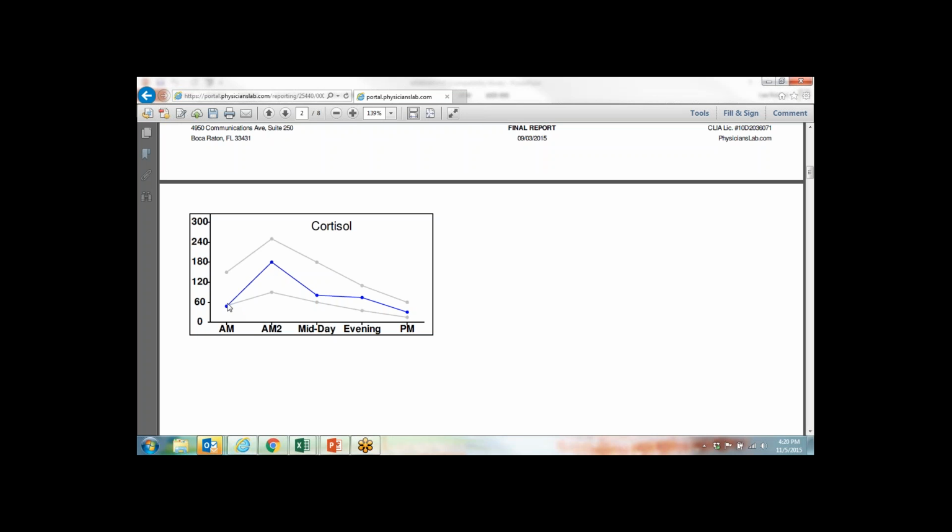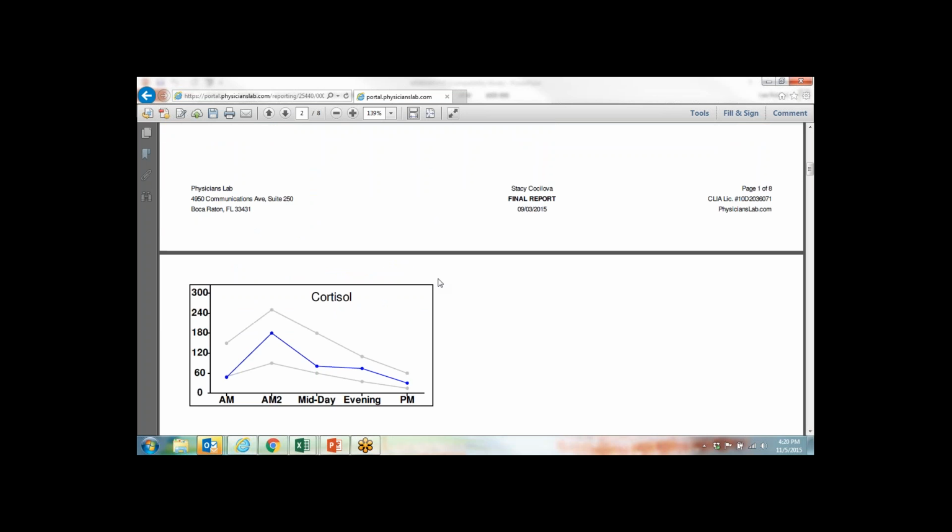What's really important is that I don't much care about my AM being so low, because my pattern is very indicative of a good adrenal response to waking up and going throughout the day. If I had a line that went right down the center here and then gradually declined, that would be more indicative of adrenal dysfunction because I don't have that same curve shape. So, important thing to notice.